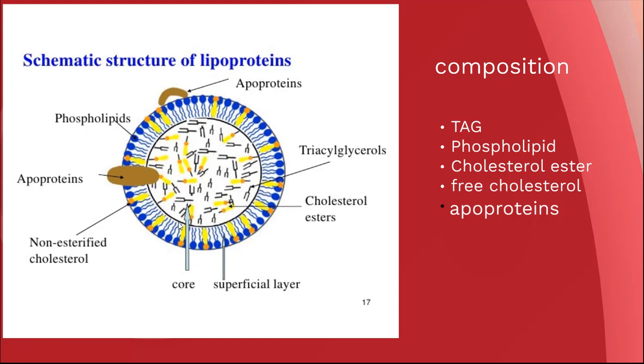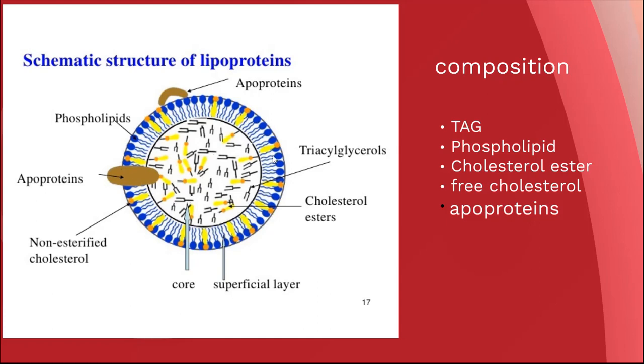From this figure, we can see that the inner core is composed of hydrophobic lipids, that means the lipids which are afraid of water. On the other hand, the phospholipid and free cholesterol are amphipathic lipids. That means they have both a hydrophilic end and a hydrophobic end.